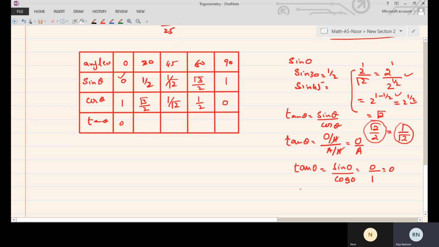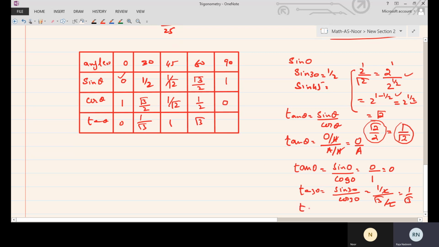By doing such steps for all the angles, like tan 30 is sine 30 over cos 30, sine 30 is 1 over 2, cos 30 is under root 3 over 2. When you cancel it, you'll get 1 over under root 3.